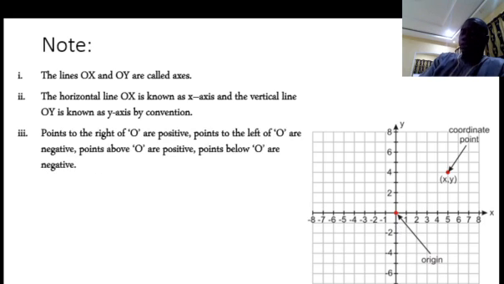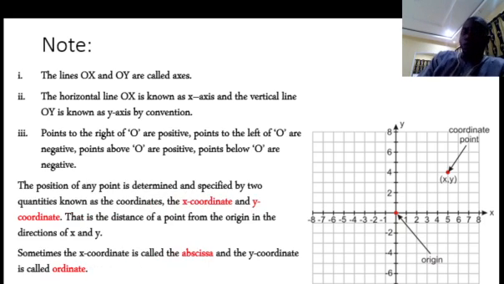We should note that the points to the right of O are positive values of X, while the points to the left of O are negative values of X. The points above O are positive values of Y, while the points below O are negative values of Y.